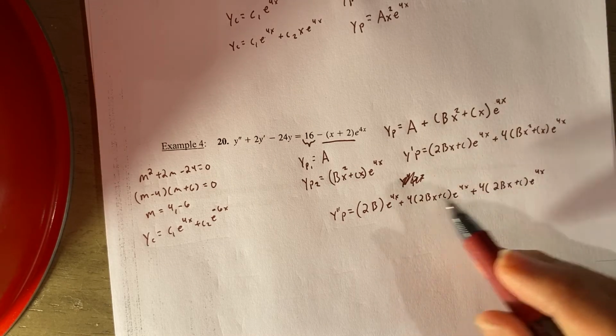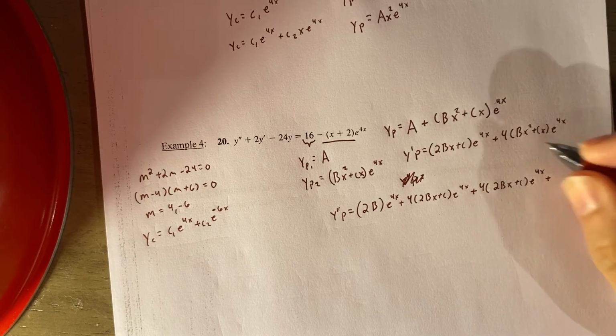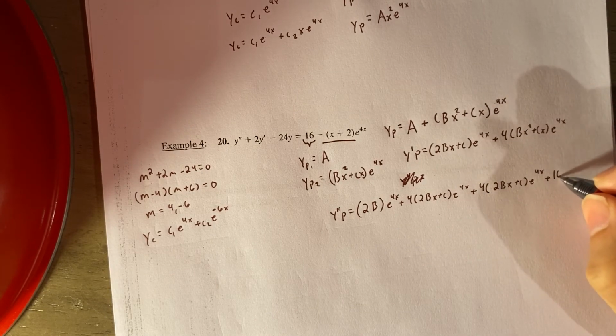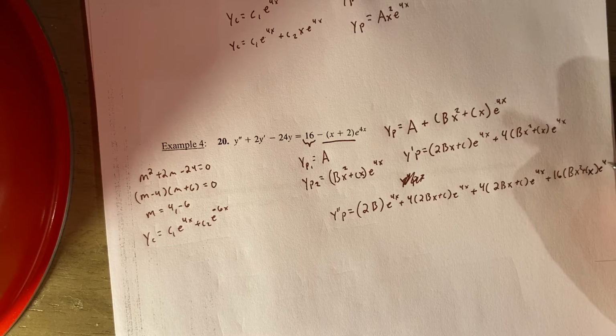Looks similar to both of those two, so that's good. Plus, and then 4 times 4 is going to be 16bx squared plus cx e to the 4x. Right.